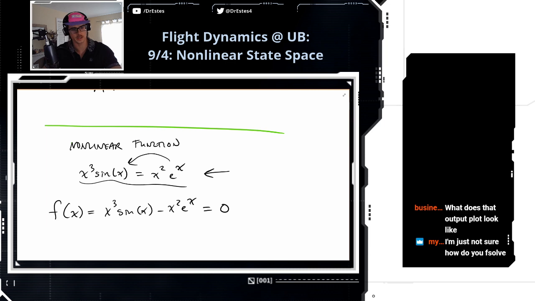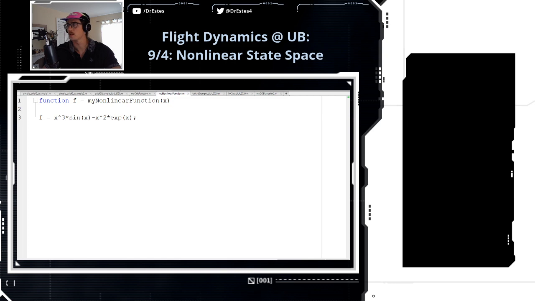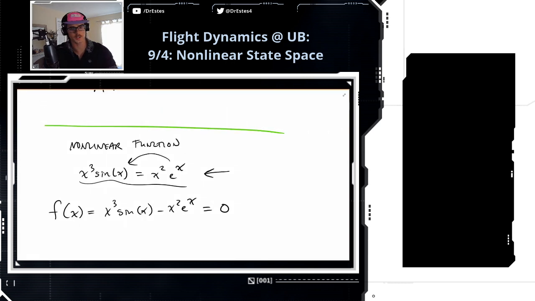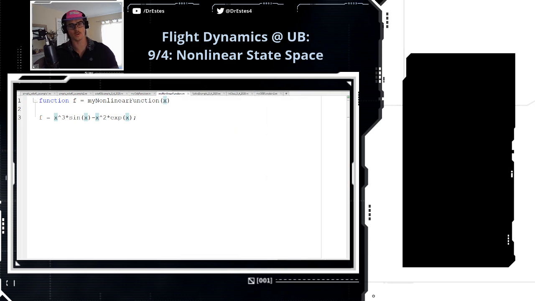Let me show you what I did. A function f, it's my nonlinear function, that's just what I called it. You could call it anything. It's a function of x, and all I said in here is f is equal to x cubed times sine x minus x squared times the e to the x. So the same equation is here, I just brought it into MATLAB world.